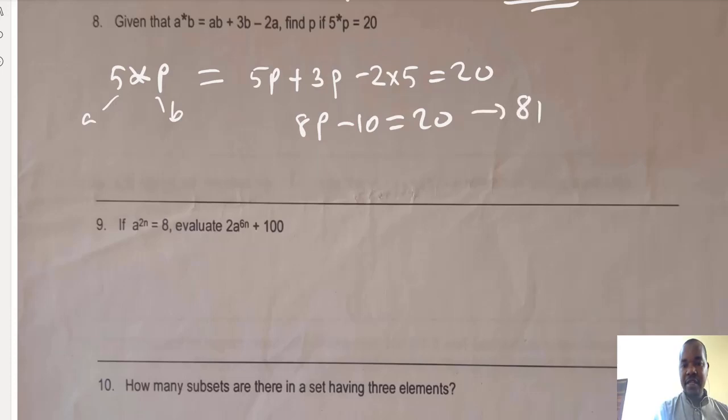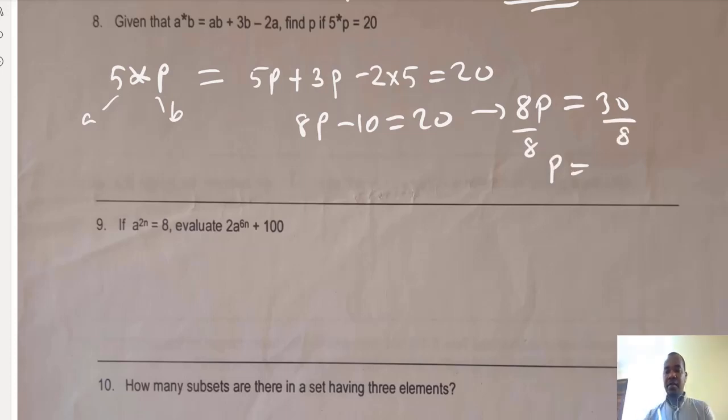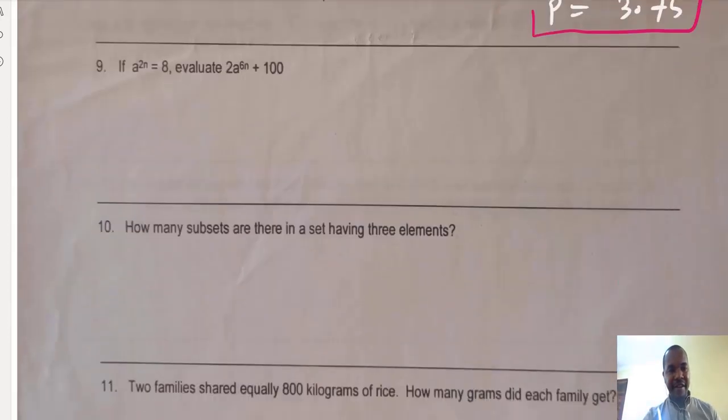From here we can say that 8P equals to 30, divided by 8 by 8. P will be equal to, so you take 30 divided by 8, it is 3.75. So the value of P, dear students, is 3.75.